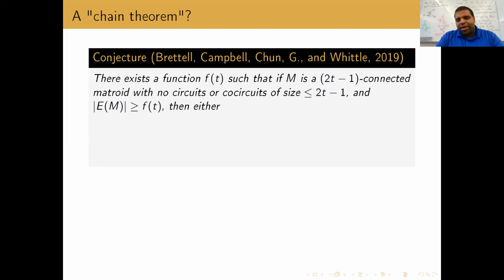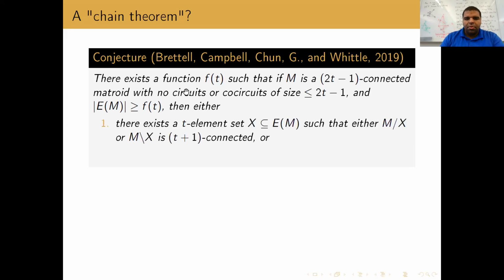So here is a conjecture that appeared in this earlier paper with Nick, Rutger, Deborah, and Jeff, which says that there exists a function f of t such that if M is a 2t minus 1 connected matroid with no circuits or co-circuits of size at most 2t minus 1, and the ground set is at least this function, then either there's going to exist a t element set that I can contract or delete to stay t plus 1 connected. Okay, so I lose some connectivity. I go from 2t minus 1 to t plus 1. That's the conjecture, at least. Or M is a t spike.